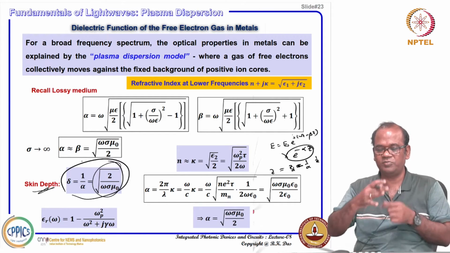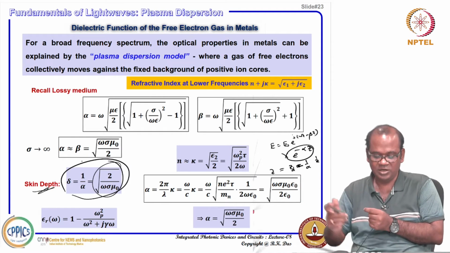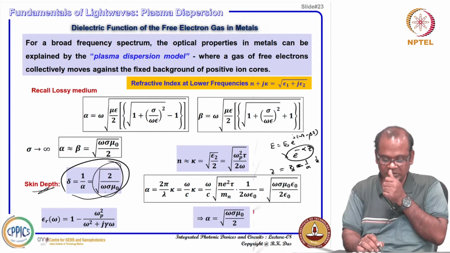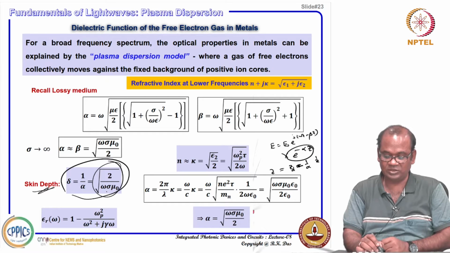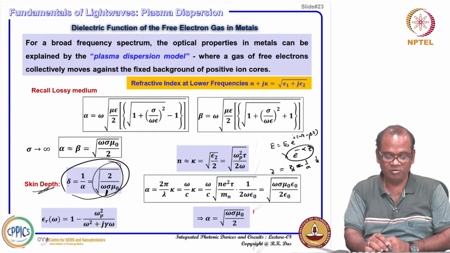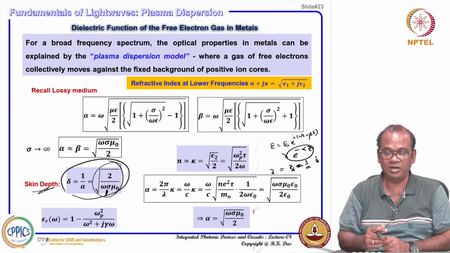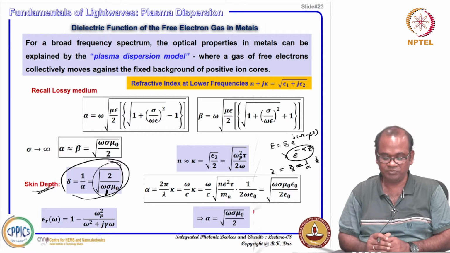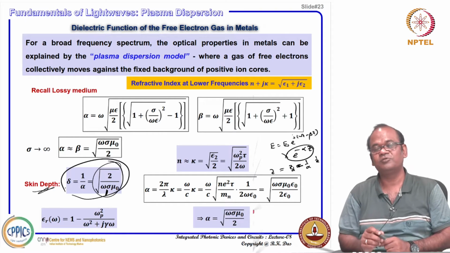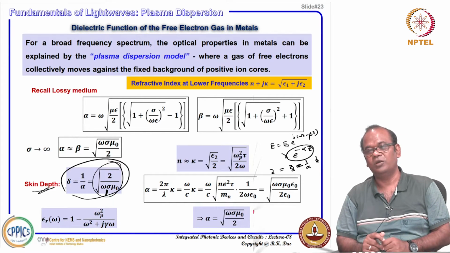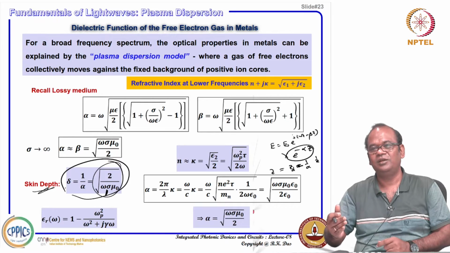So, in such a medium the wave cannot travel far, depending on this value. If sigma is very large in this expression, then your delta will be small. Otherwise, if sigma is fixed and you increase your frequency, then your delta also will be small. Higher the frequency, the less it can penetrate.